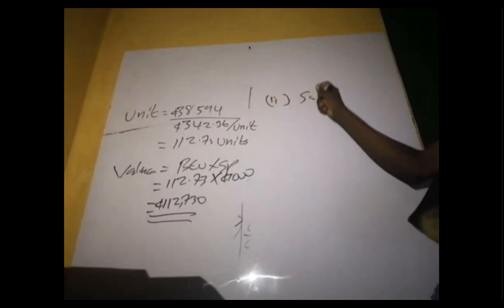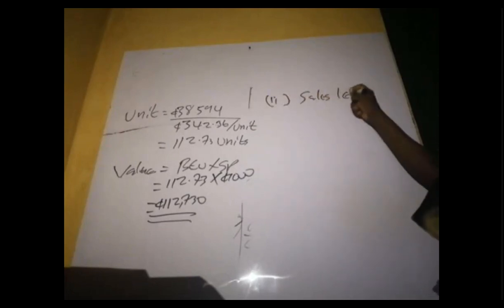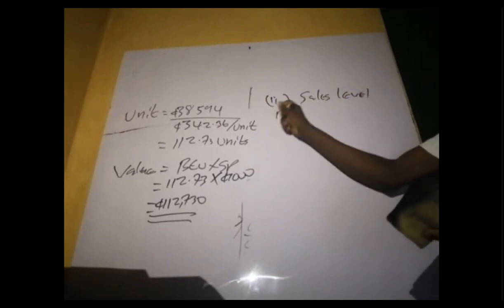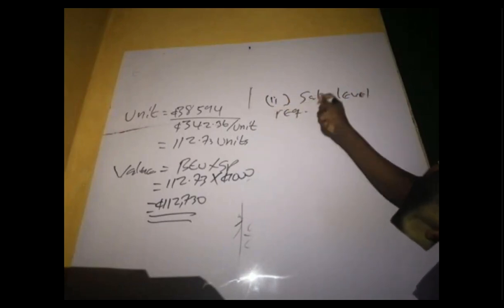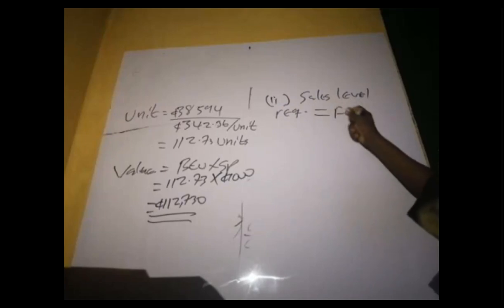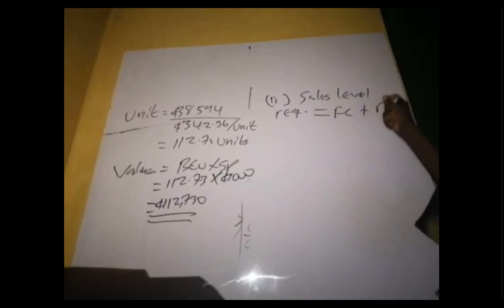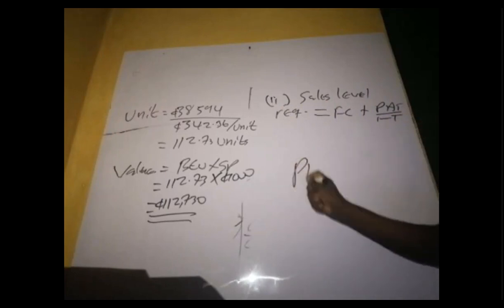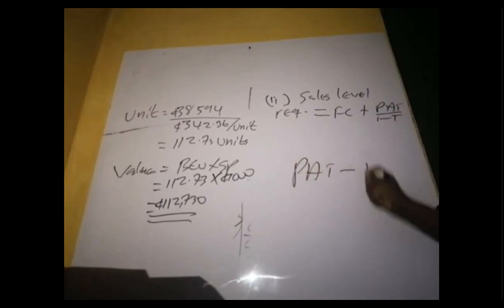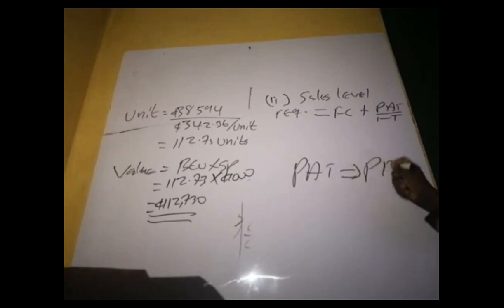So sales level required is equal to the fixed cost plus the profit after tax, divided by 1 minus what? The tax rate. That means you have converted the profit after tax to profit before tax.